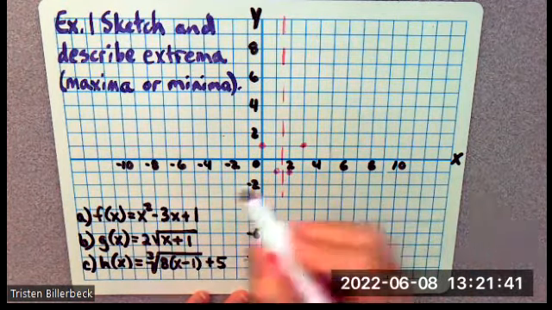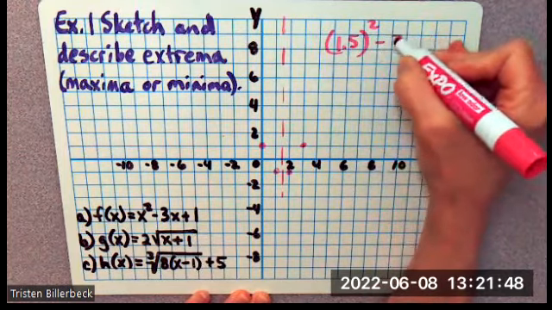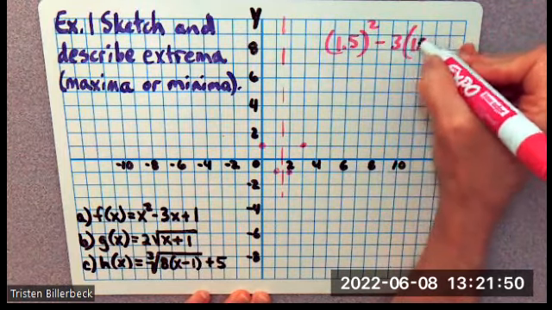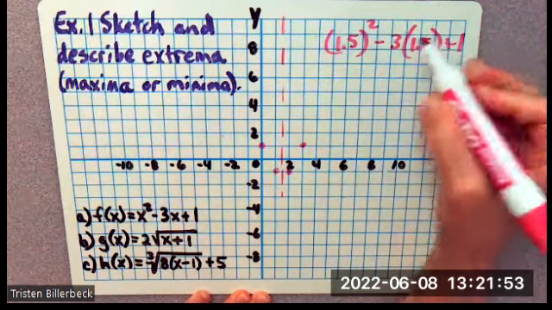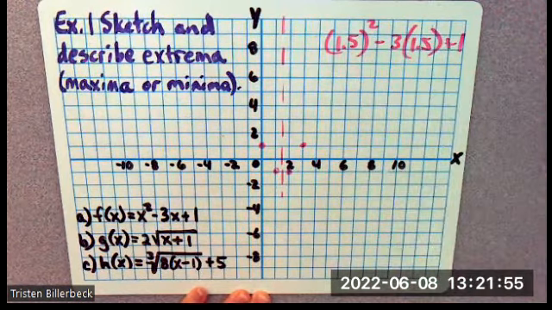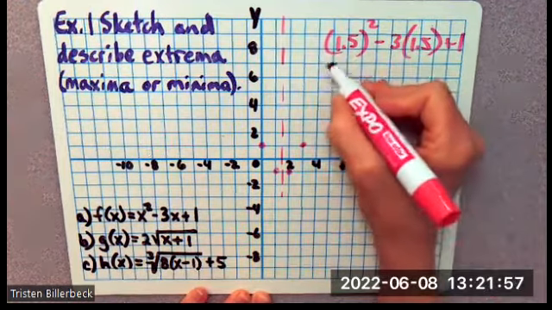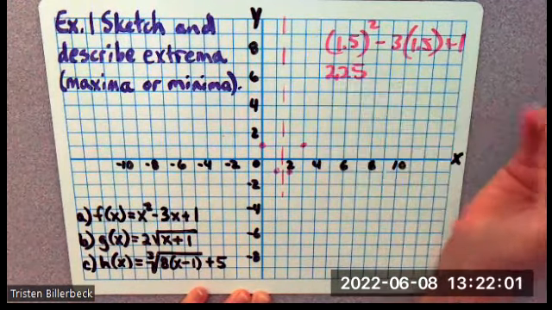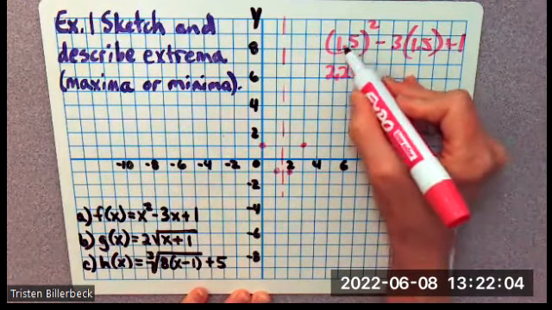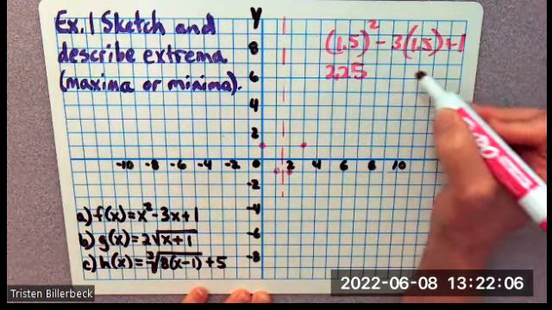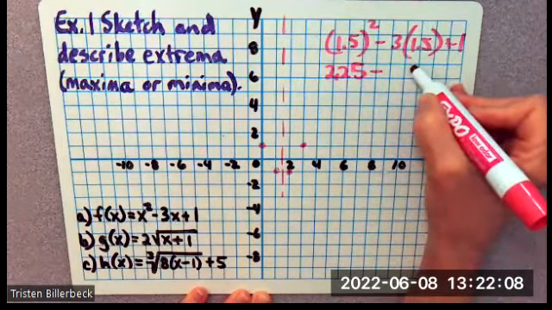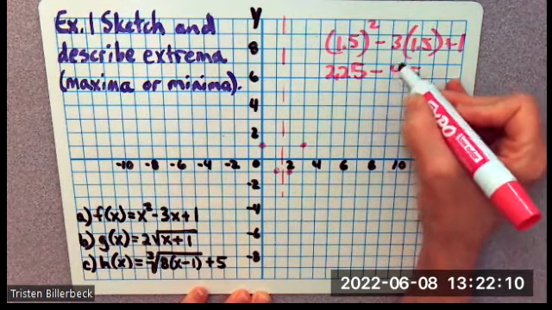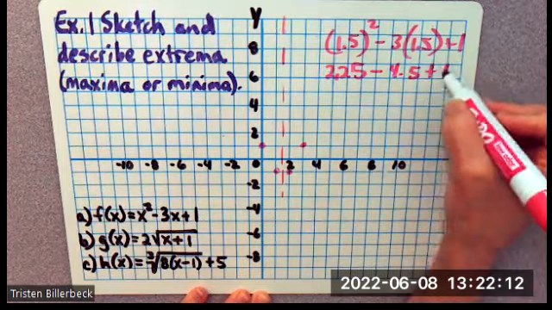So let's quickly calculate. We have 1.5 squared minus 3 times 1.5 plus 1. So 1.5 squared, that's 15 times 15, is 225, so that's 2.25 when we put in the 2 decimal places. And this one is 3 times 1.5, 4.5, plus 1.